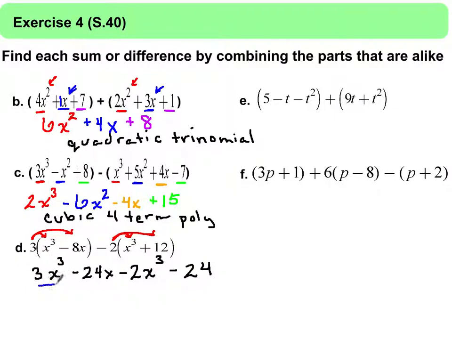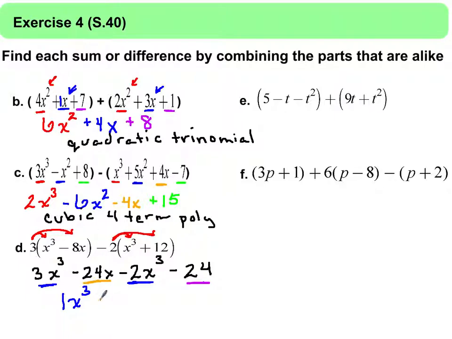So we'll take a moment and see what's alike. So we have something to the third power here, and another term to the third power here. We have a negative 24x, but nothing else with an x. There is no x on this 24. And then we have this like term here. And so then I can combine what I have, 3 minus 2, and so I get 1x to the third power.